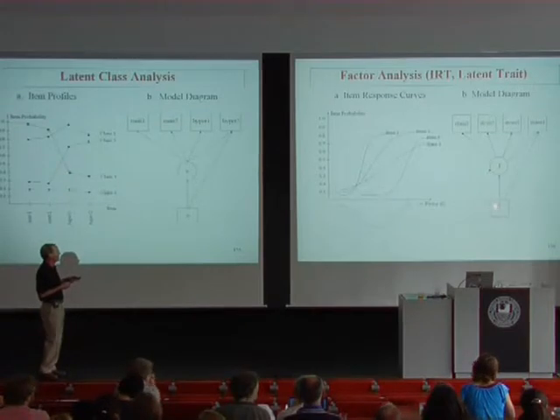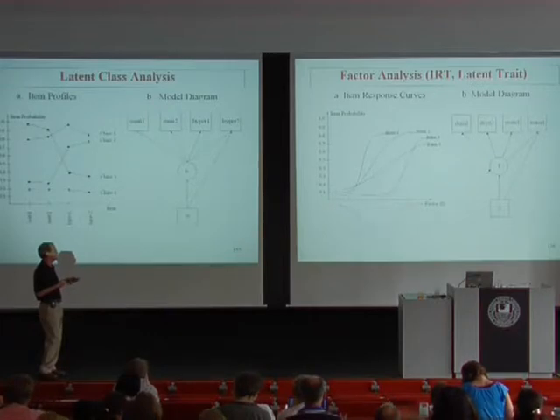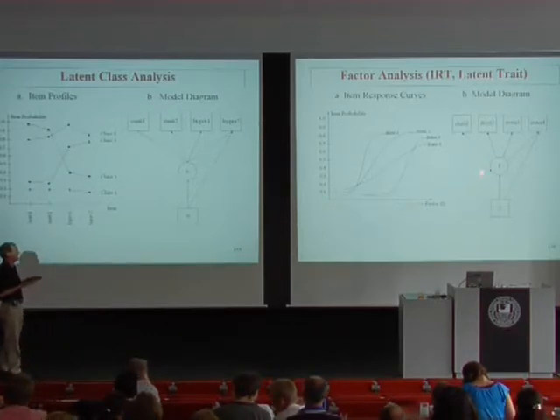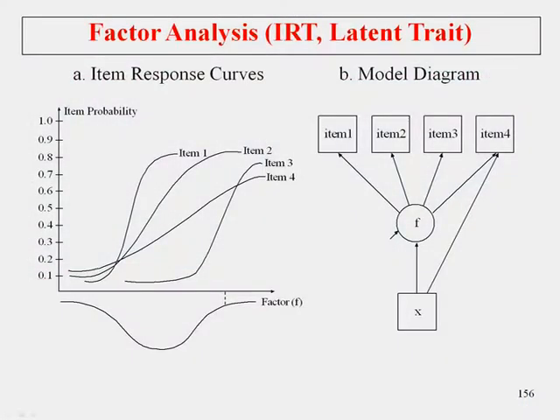Typically, you have no X variable, and typically you assume that the F variable is a normally distributed factor. Typically in IRT, F is an ability to solve a certain item, an educational item, say a multiple choice item.